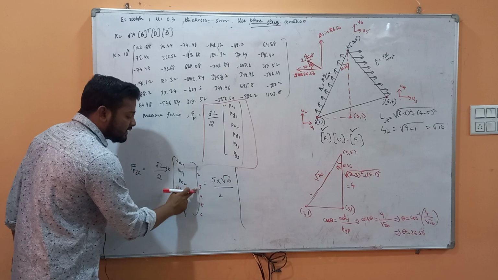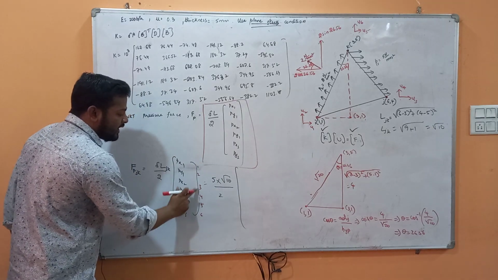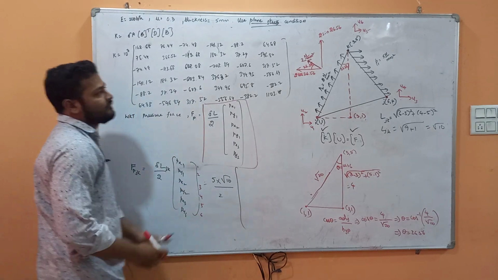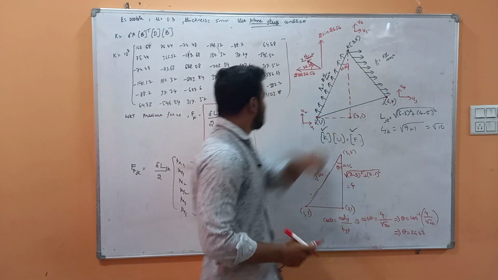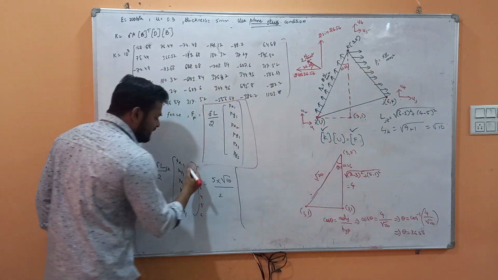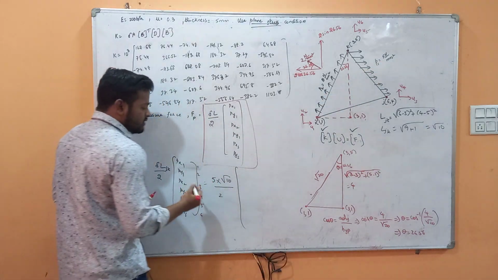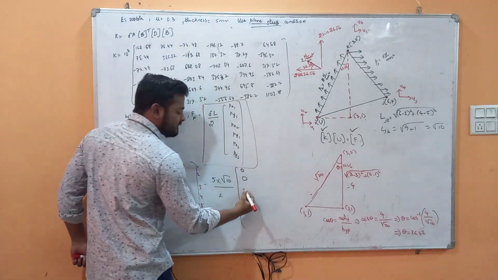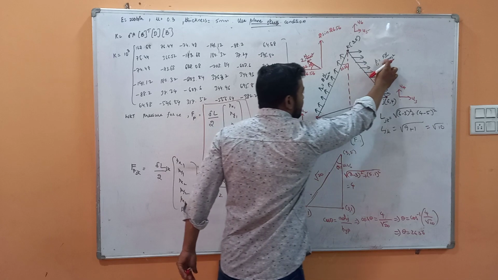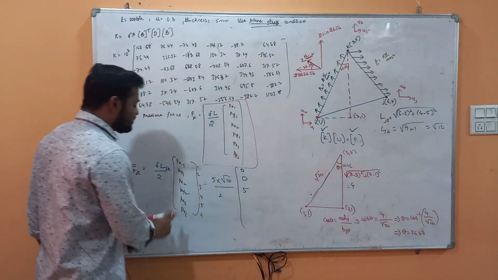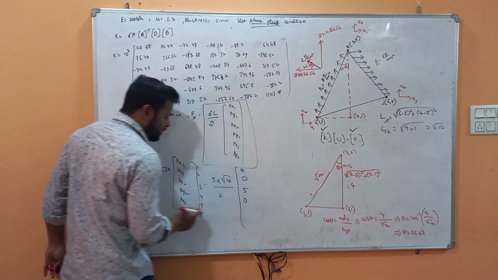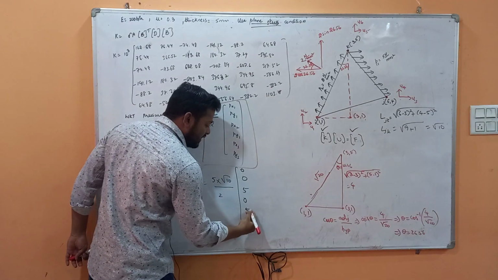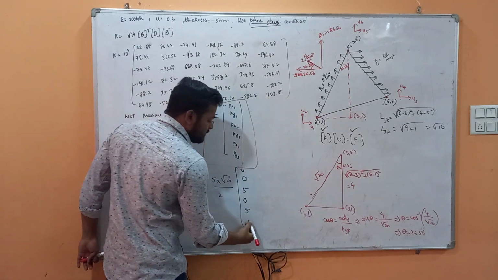So at 3 and 5, we have to substitute this value 5 here, and the remaining will be zeros. Everything is 0 except 3, which is 5. It is not affecting 4. It is affecting 5, so again 5 here, and the rest is 0.